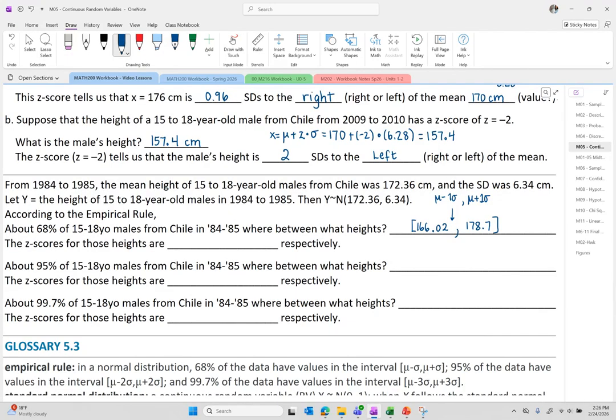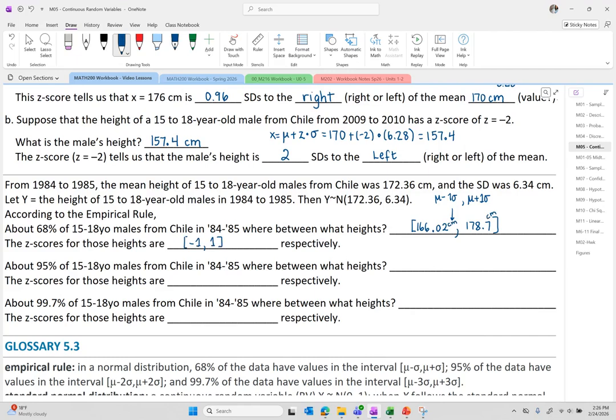The z-scores for those heights are -1 to +1. Remember the units are centimeters here. The lower bound will be 166 centimeters. The upper bound will be 177.7.